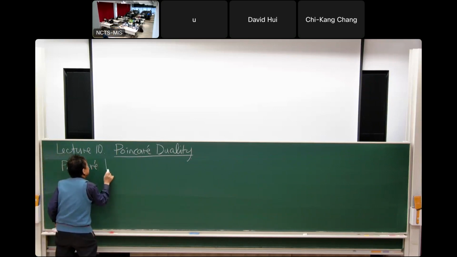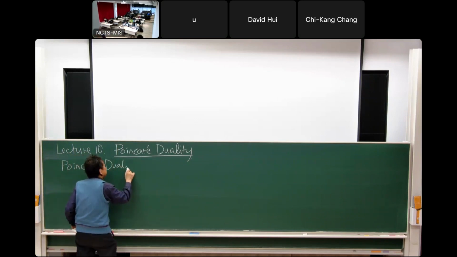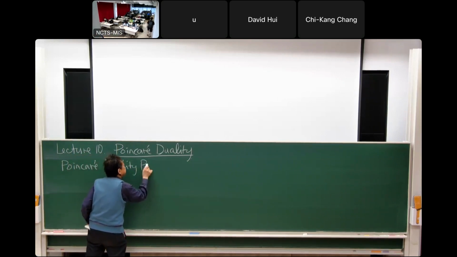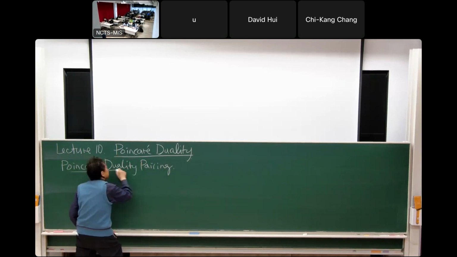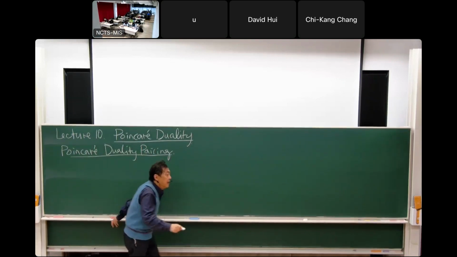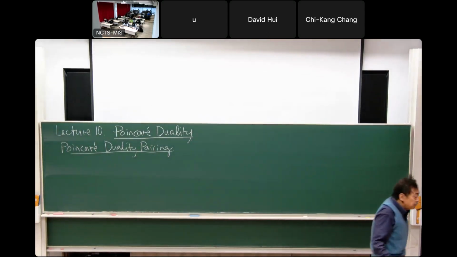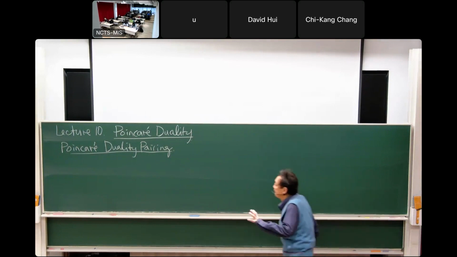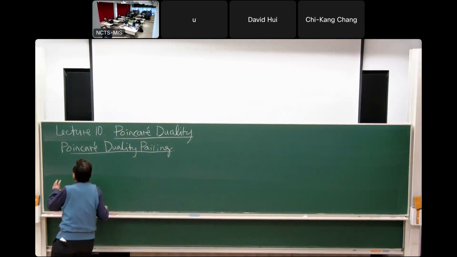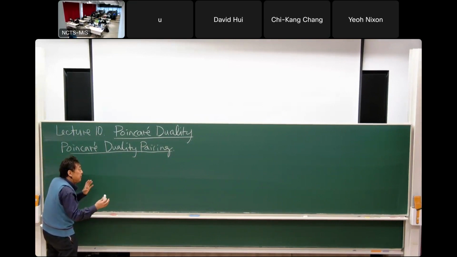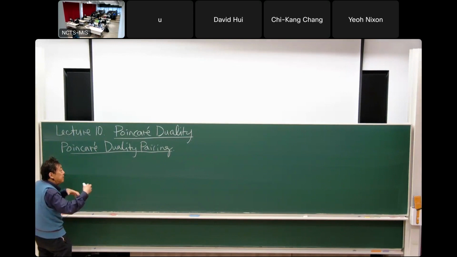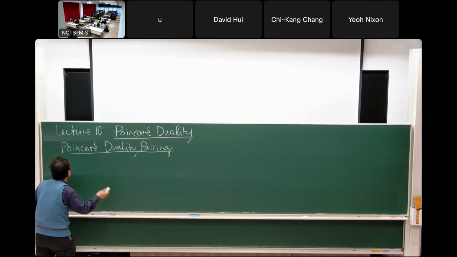So it is the Poincare duality pairing. And what we do is we pair a form with no condition, with a form with compact support in the complementary dimension, and then we integrate.